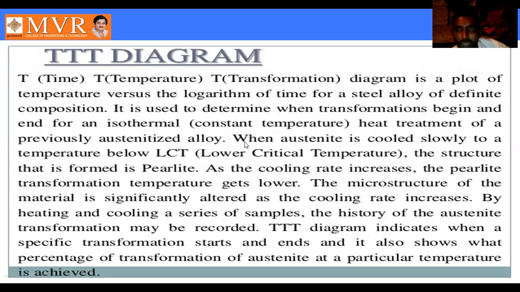At constant temperature, the transformation begins and ends, and we can see this on heat treatment of previously austenitized steel. After that we can find the diagram. It is one of the experimental procedures. We have to do a lot of experiments, and only after that can we get the diagram. Time, temperature and transformation we can see clearly on this graphical diagram.